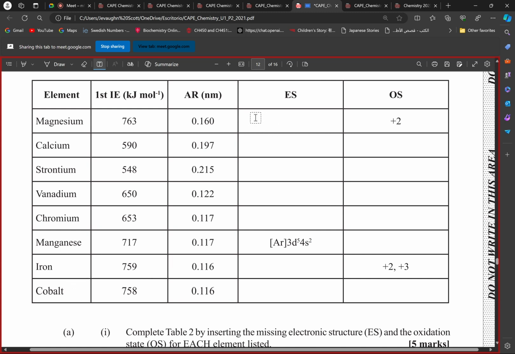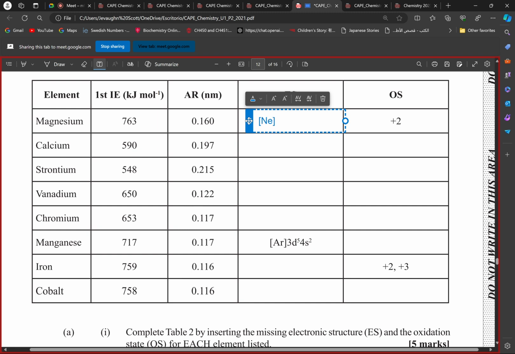So what is the electronic configuration of magnesium? It is neon, so we use neon.